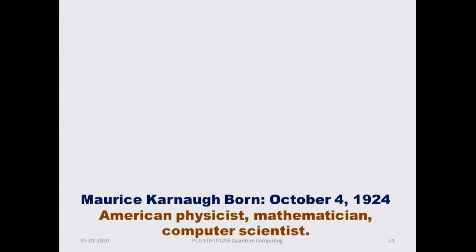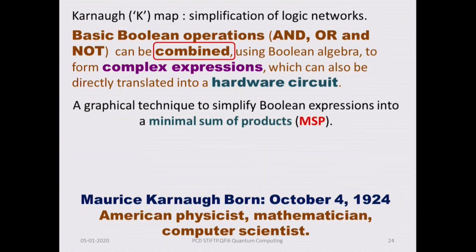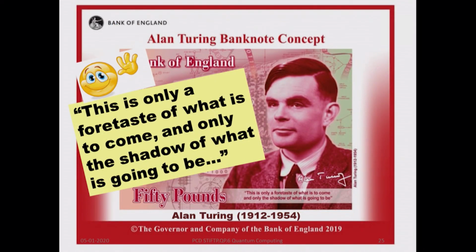And then, thanks to the Karnaugh maps, who was a physicist, a mathematician, and a computer scientist, so you can combine a large number of operations and put it into hardware circuits, okay? And using these Karnaugh maps, using special techniques, the minimal sum of products and so on, then you can develop very complicated electronic circuits, and that pretty much brings up the summary of what the classical computers are based on.